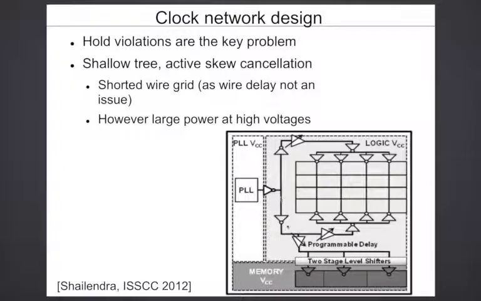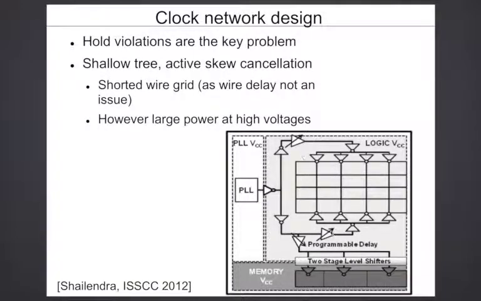Also, you see out here that they have these level shifters, because they are not adjusting the supply voltage of the memory as much as for the logic. So they have three domains: a VCC for the clock generator, which is the phase lock loop, which is kept fixed; the logic VCC, which is adjusted all the way down to a couple of 100 millivolts; and the memory VCC, which also comes down but not as much as the logic.